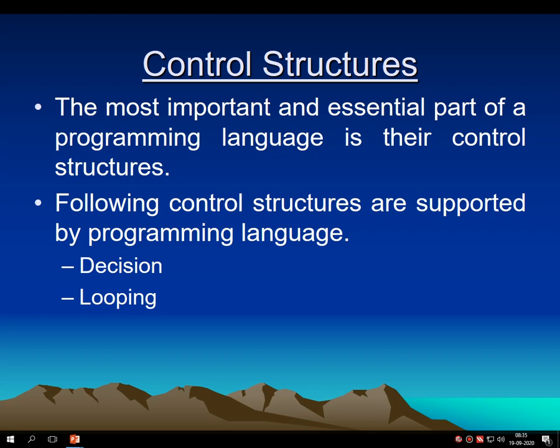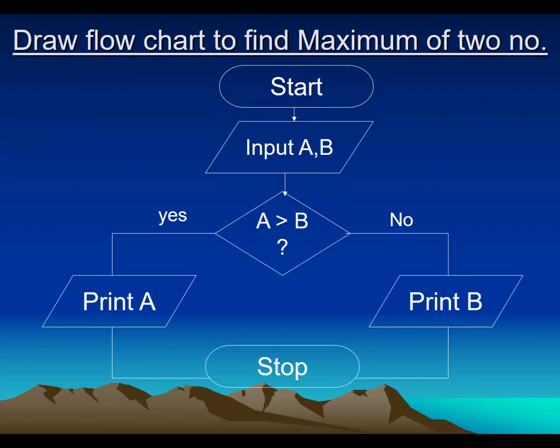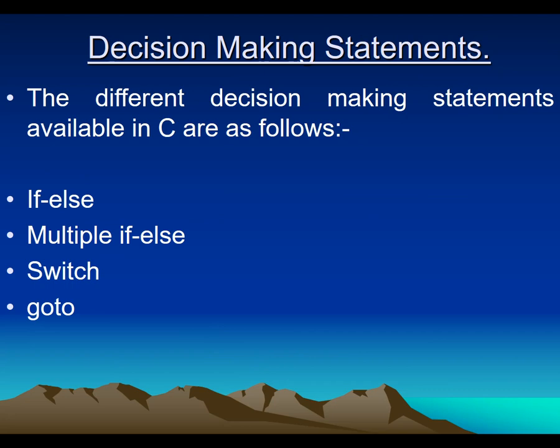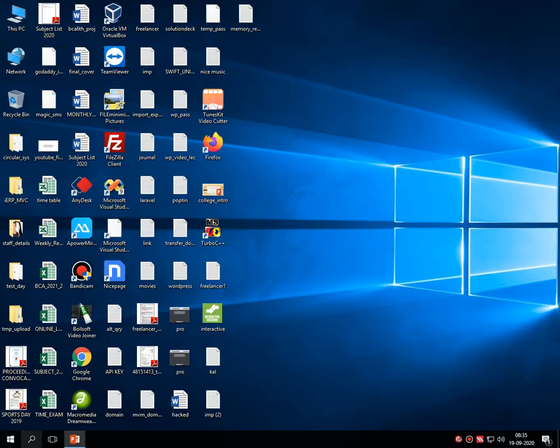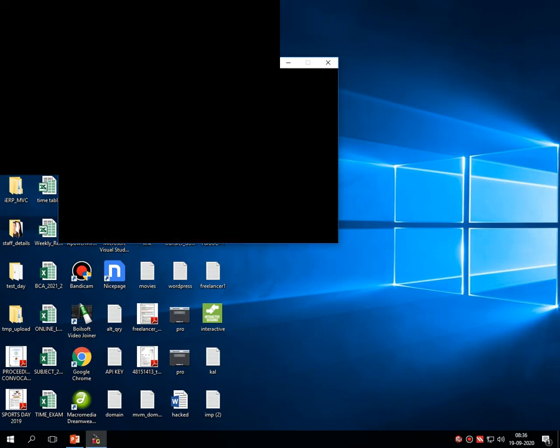In decision making, there are various subtypes of decision making statements available like if else, multiple if else, switch and goto. Then we discussed the syntax of if else and wrote a few programs related to the if else statement. Now let's continue with the further discussion by introducing some more new programs.